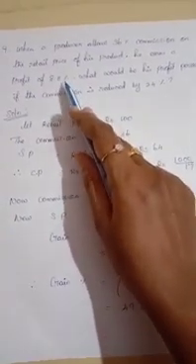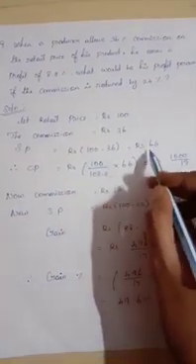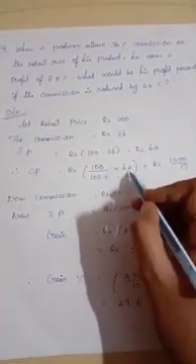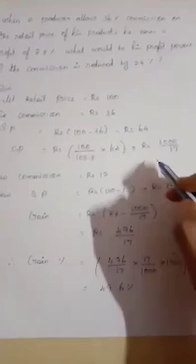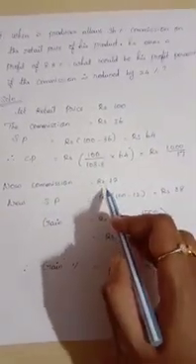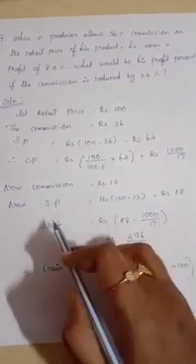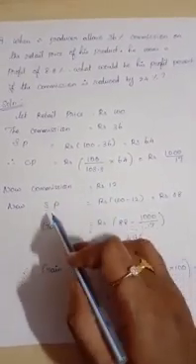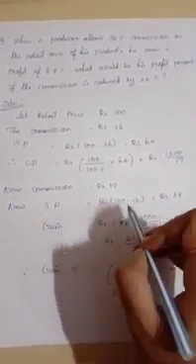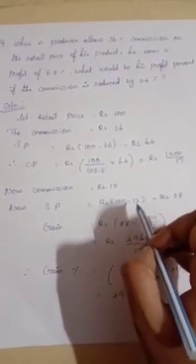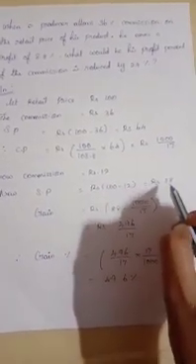Cost price equals 100 divided by 108.8 into 64, with 8.8% gain. Solving, we get rupees 1000 divided by 17. Now the commission equals rupees 12. So selling price equals 100 minus 12 equals 88.